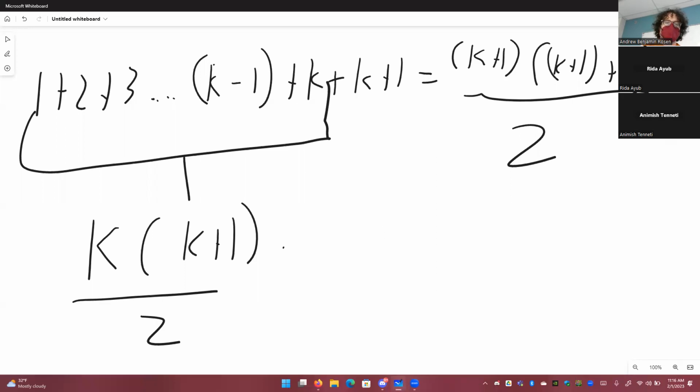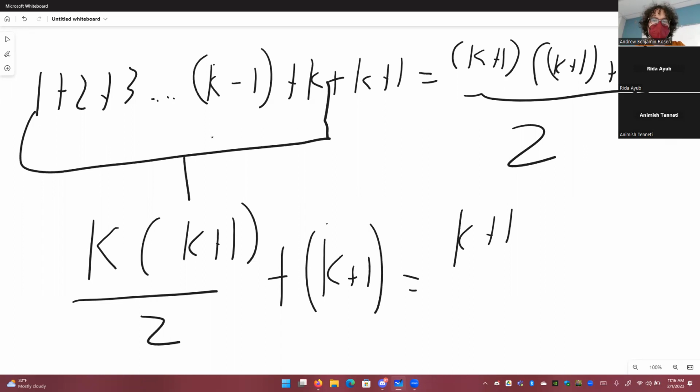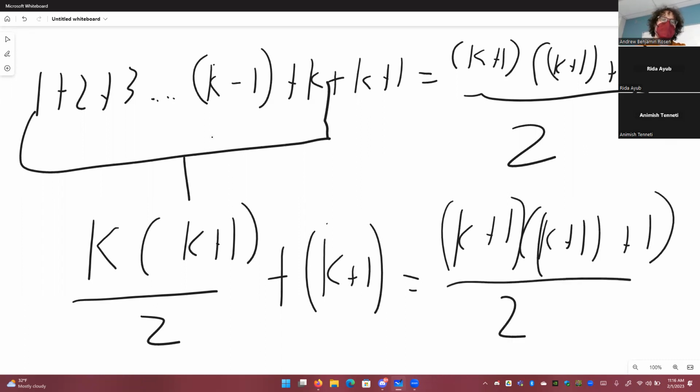So the entire equation becomes k times k plus 1 over 2 plus k plus 1 is equal to k plus 1 times k plus 1 plus 1, doesn't really matter, over 2.